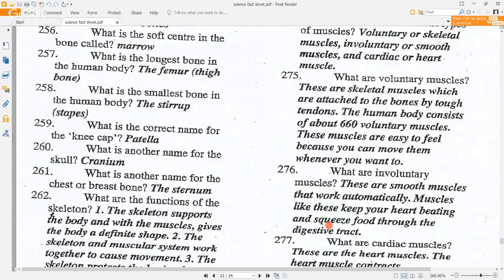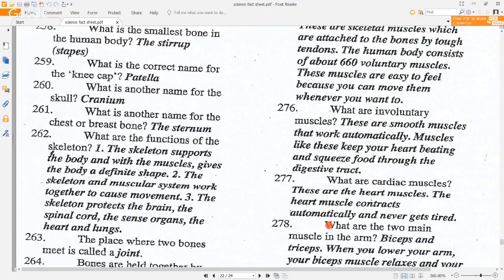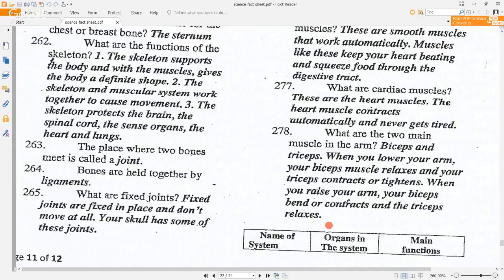What are involuntary muscles? These are smooth muscles that work automatically. Muscles like these keep your heart beating and squeeze food through the digestive tract. What are cardiac muscles? These are the heart muscles. The heart muscle works automatically and never seems to get tired.